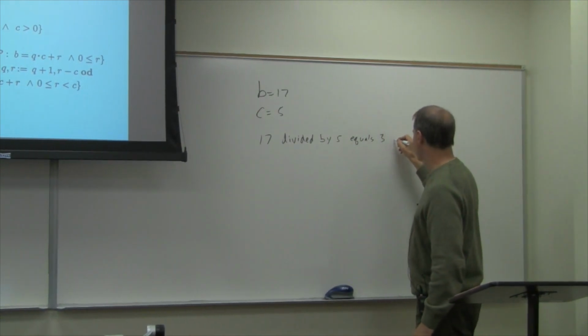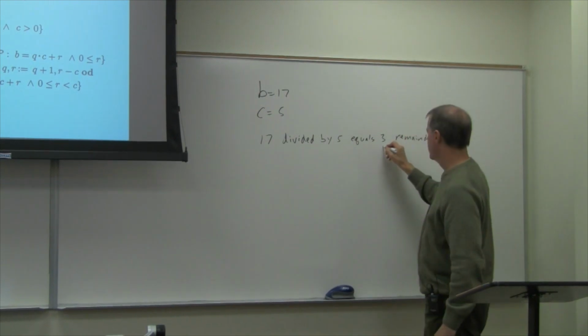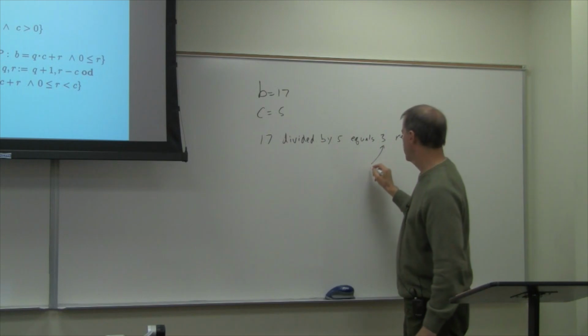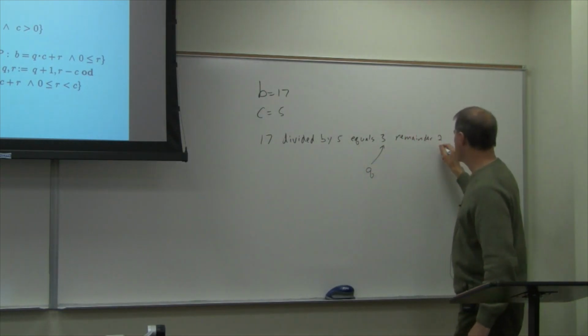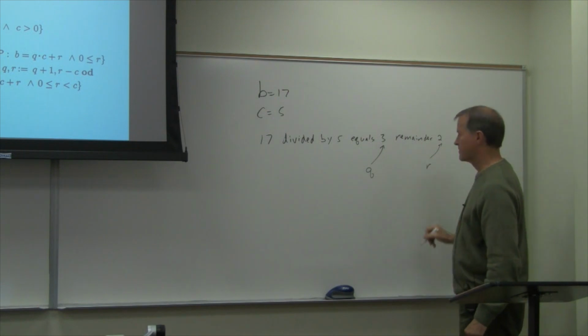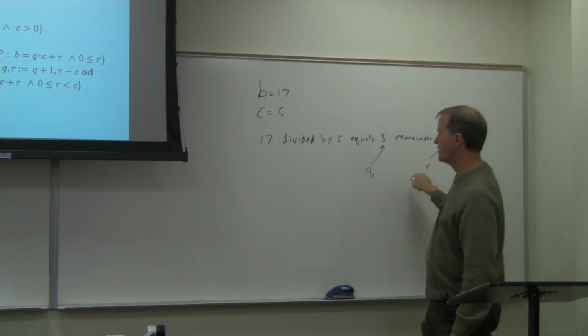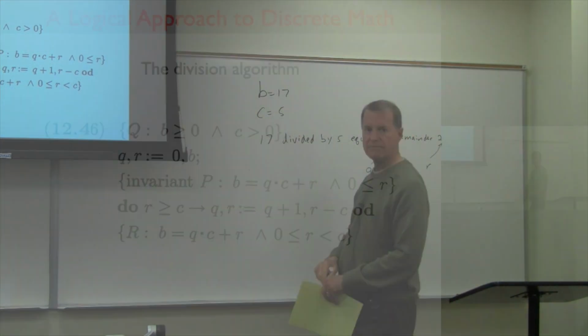So this 3 is the quotient, the Q. Q stands for quotient, and this 2 is the remainder R. So the problem is to calculate Q and R given B and C.